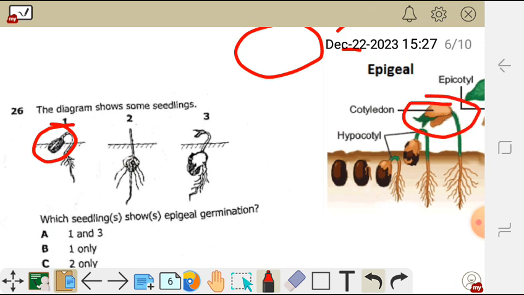When you look at two, we only have a seedling growing without the cotyledons coming out. Even here, we only have the seedling growing. The cotyledons are remaining in the ground. So only in one. The correct answer is B for question 26.